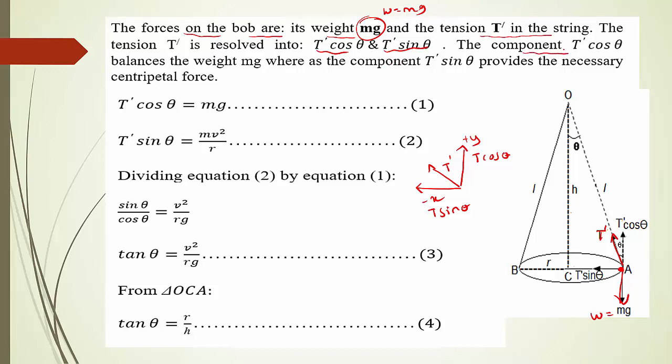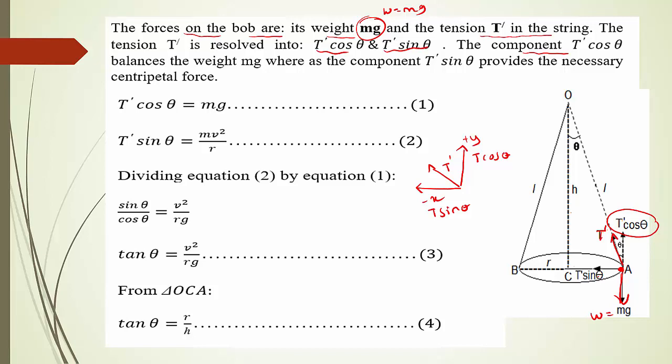The component T dash cos theta will balance the weight of the bob, that is mg, because you can observe in this diagram, T dash cos theta is vertically upward and W equal to mg is vertically downward. Both are along the vertical direction but in opposite directions, so that this bob reaches equilibrium position, because upward and downward forces are equal in magnitude and opposite in direction.